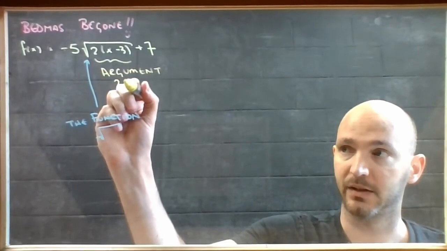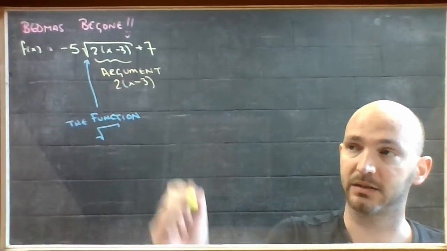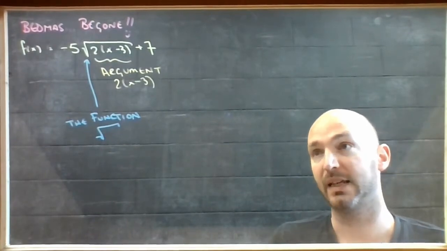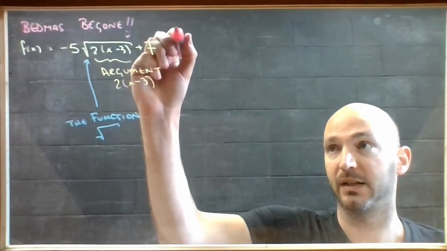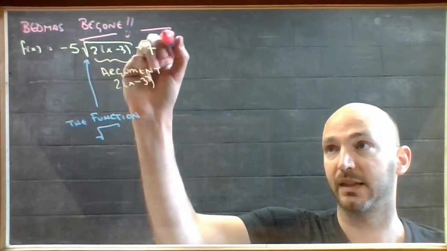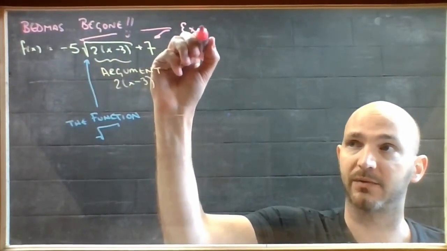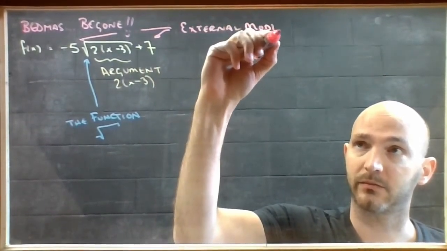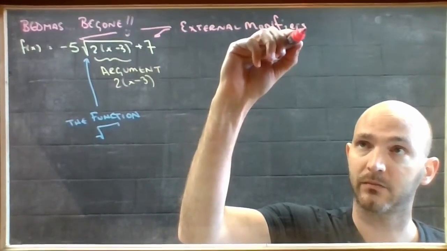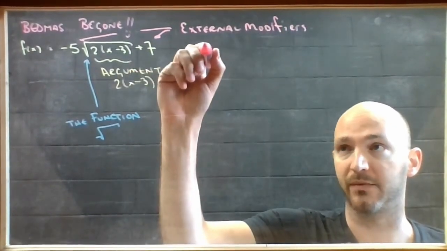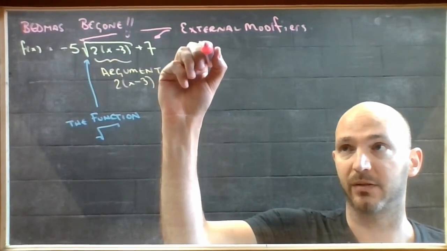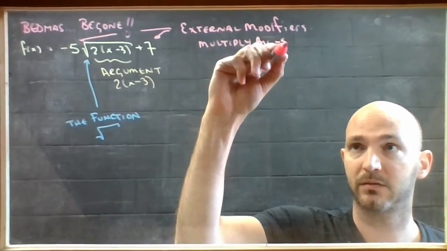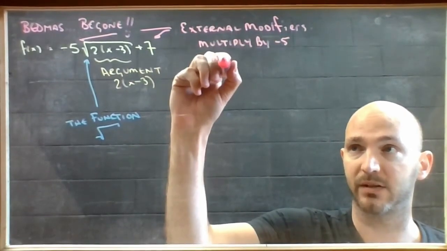And so that's 2x minus 3. And all the stuff that's on the outside is the least important thing to the function. These are external modifiers. So we have a multiplication by -5, and we have add 7.